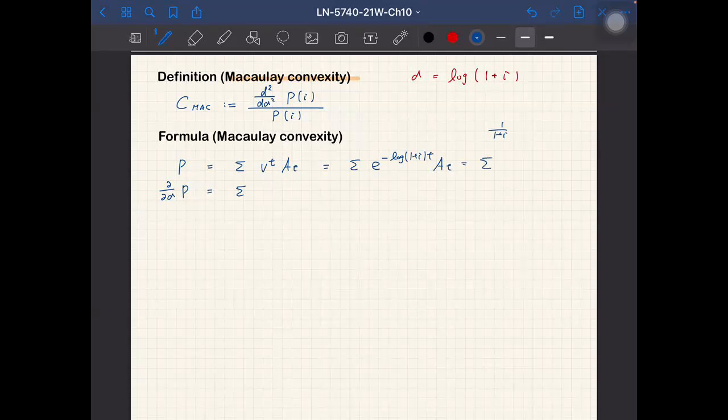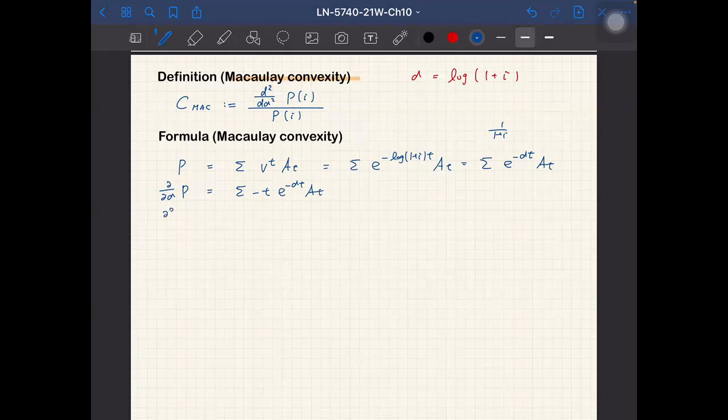This means the summation of e to the power negative delta t times A sub t. For the first derivative, the delta just comes out here, so it is negative t times e to the power negative delta t, A sub t.